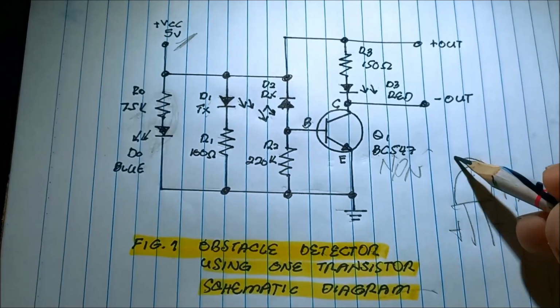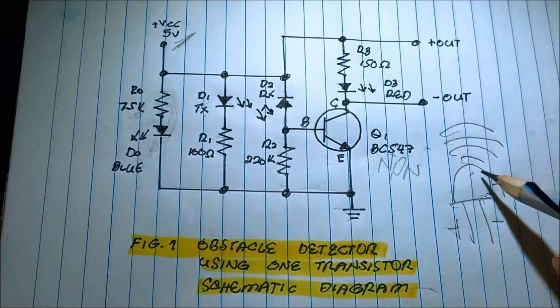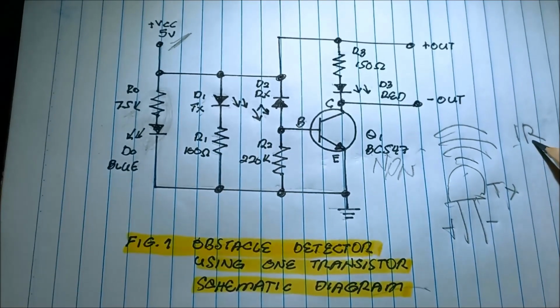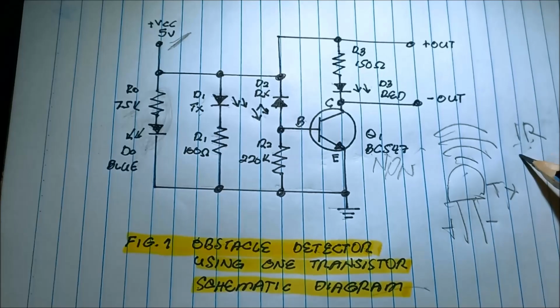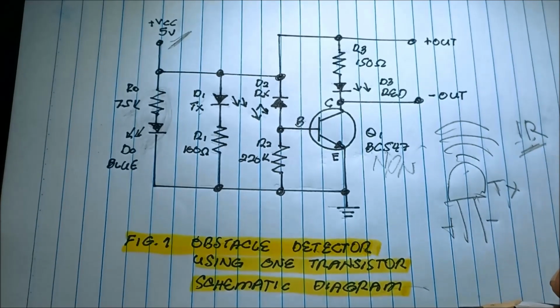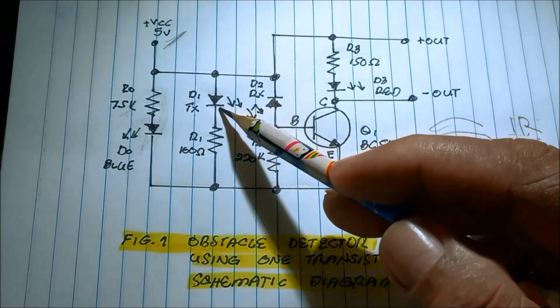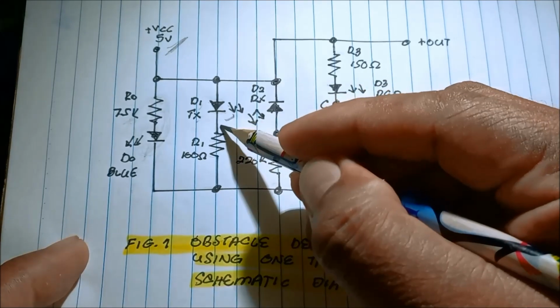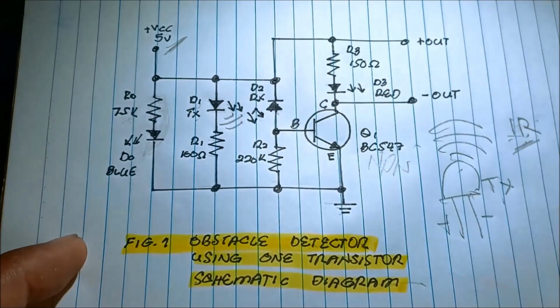It emits an IR, infrared signal. This is a signal or a light, infrared light. So this one is emitting an infrared light towards the receiver.